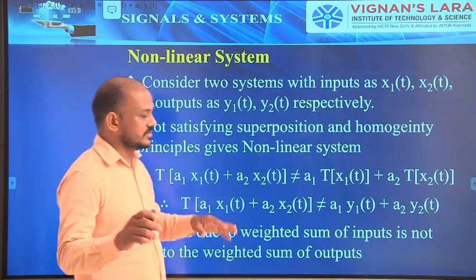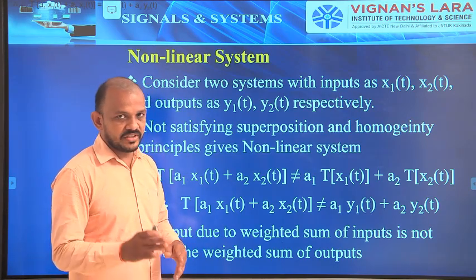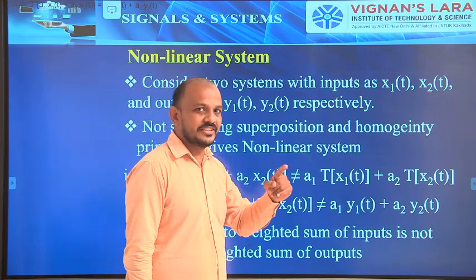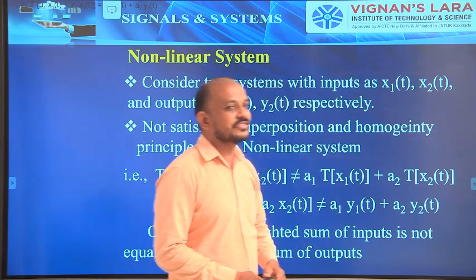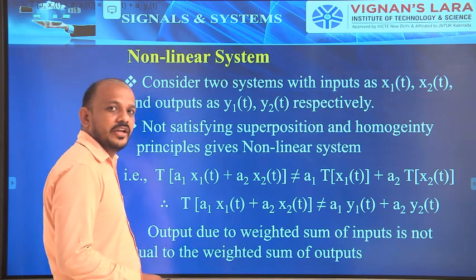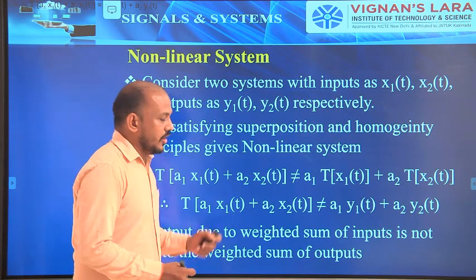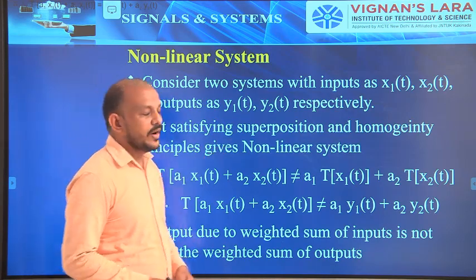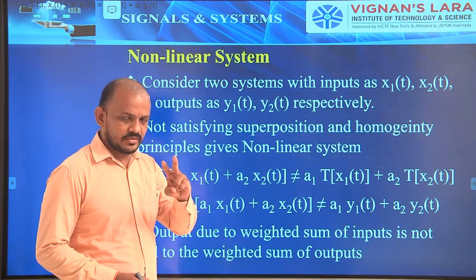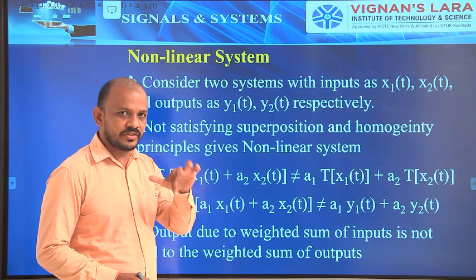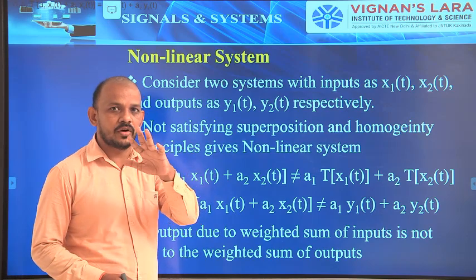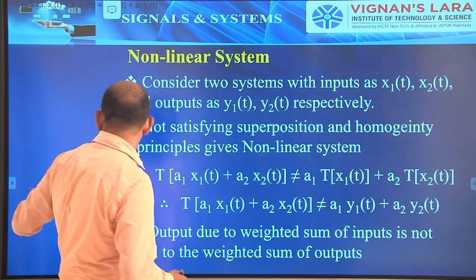Now consider two systems, as we considered for linear. Here also I am considering two systems with inputs x1 of t and x2 of t, and outputs y1 of t and y2 of t respectively.